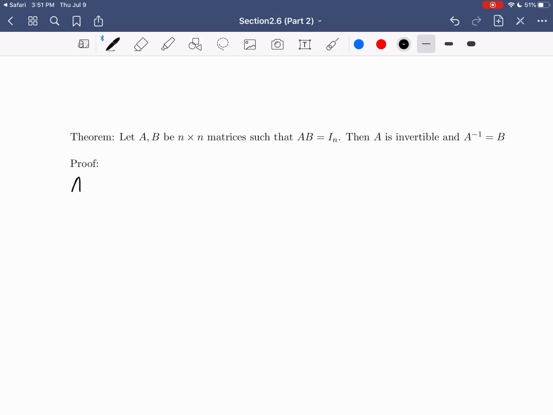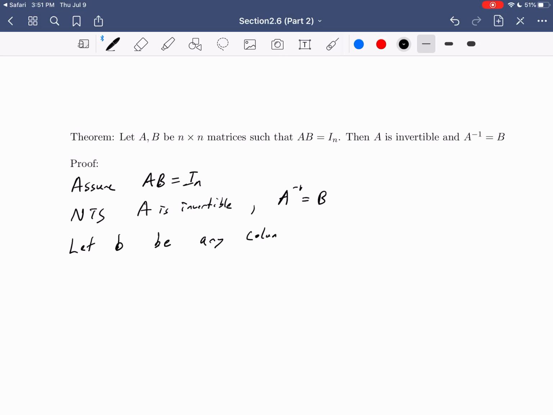So to do this, we're going to assume AB equals the identity. Our goal is to show that A is invertible, and of course, we also need to show that A inverse equals B. So we're going to let little b be any column vector.